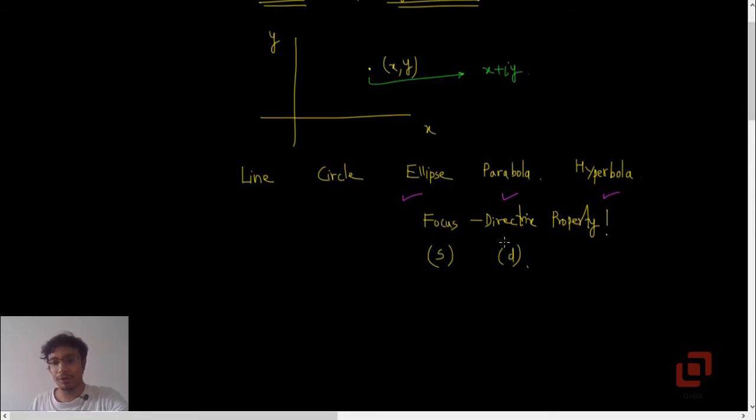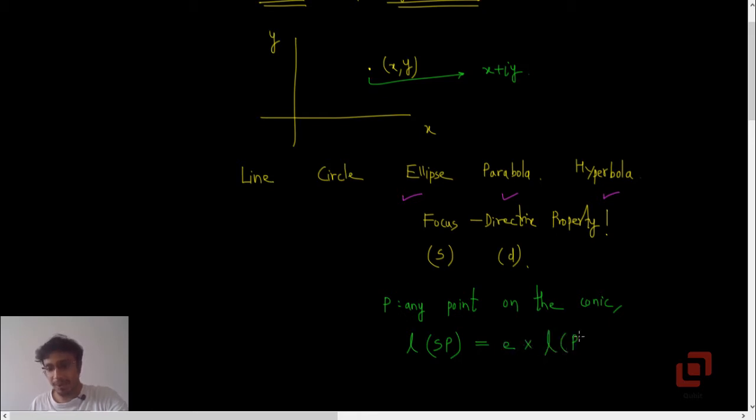Now, according to the focus directrix property, if P is any point on the locus or on the conic, then the distance of that point from the focus SP is equal to the eccentricity times the length of perpendicular drawn from that point to the directrix, which is a line.